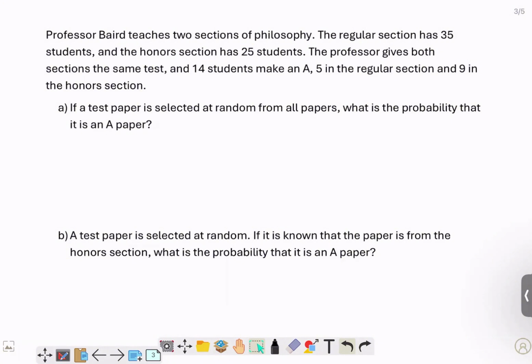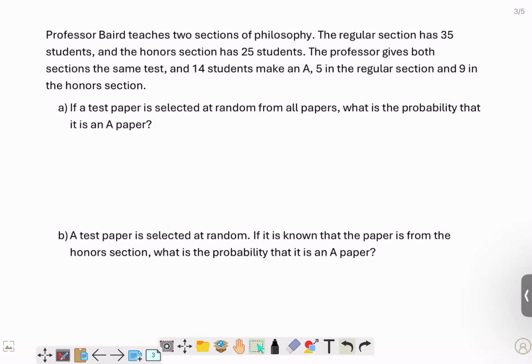In this example, we've got a professor teaching 2 sections of philosophy, a regular section and an honors section, giving both of them the same test. The table tells us how many students made A, and we're trying to see, if he chooses a test paper at random, what's the probability that it's an A paper? And then in the second part, they give us an extra condition that we're choosing from the honors section.